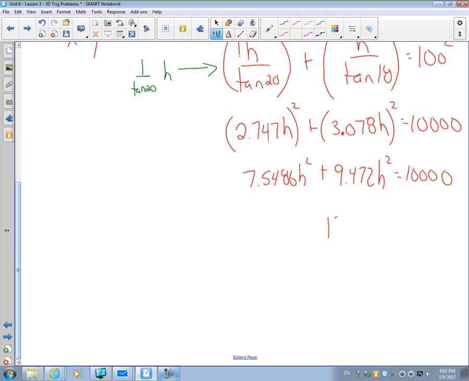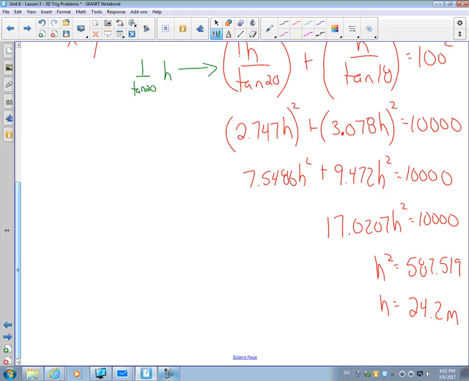We get 17.0207 h squared equals 10,000. So h squared, if we divide 10,000 by 17, we get approximately 587.519. And if I square root that, I get 24.2 meters. That's how tall her balcony is.